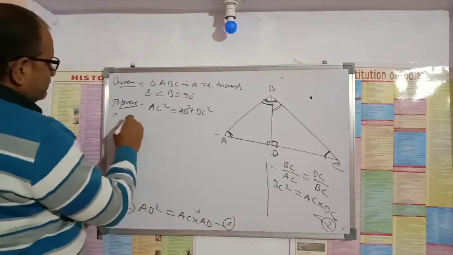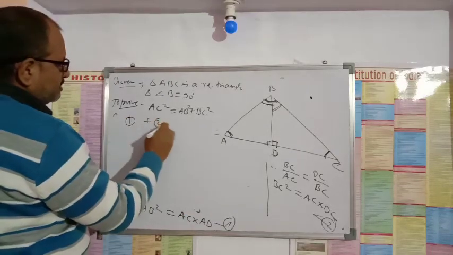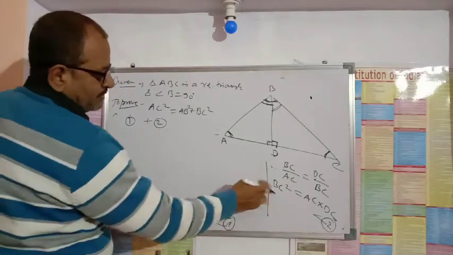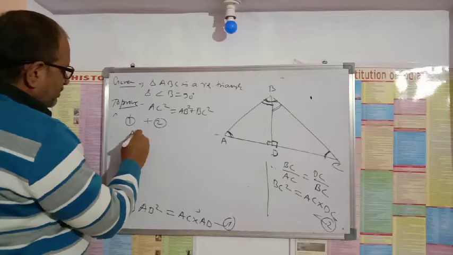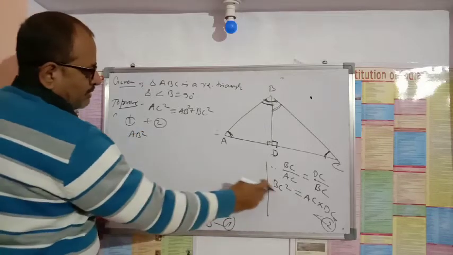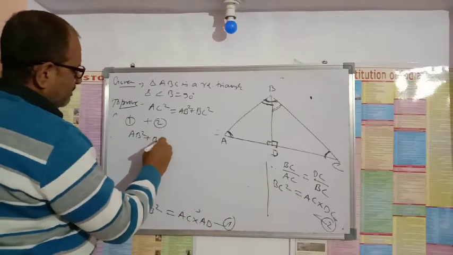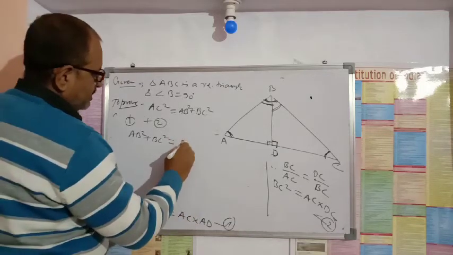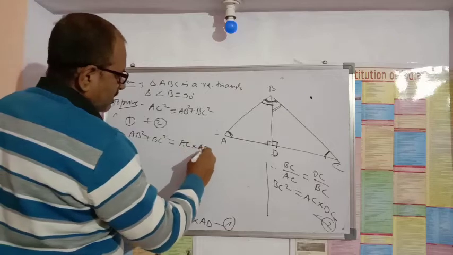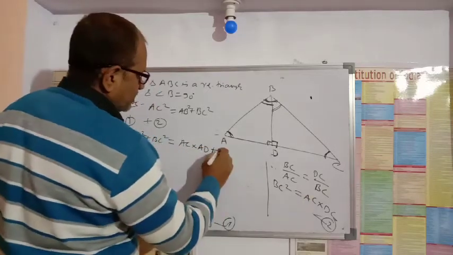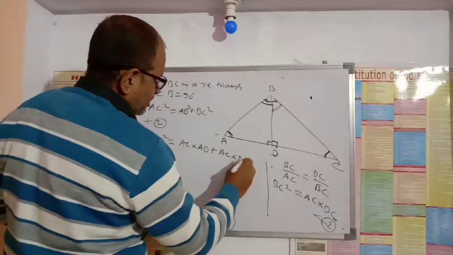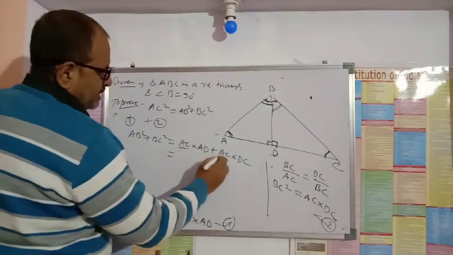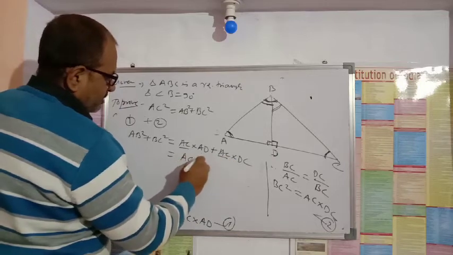Add both the equations, 1 plus 2. Adding both the equations, the left side we will add with the left. So AB square plus BC square is equal to AC into AD plus AC into DC. AC is common in both, we can take it common.